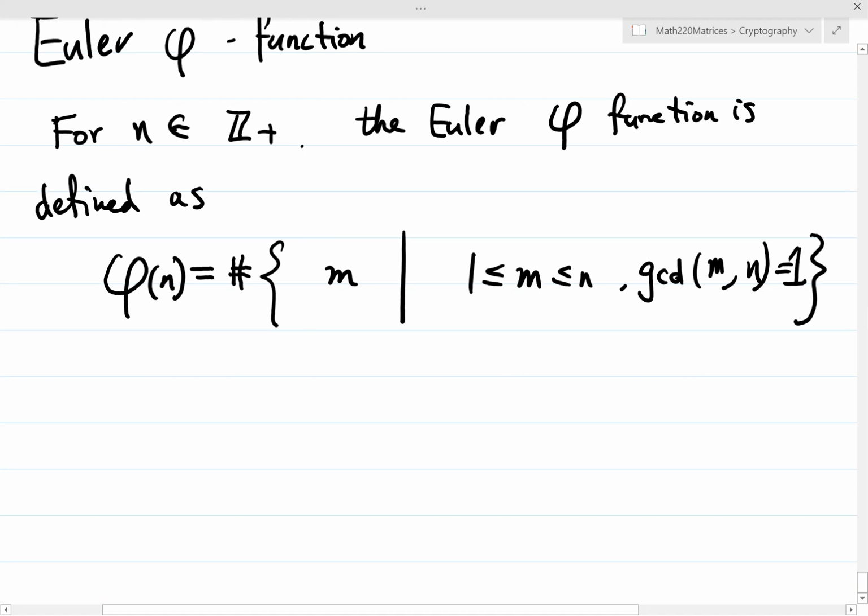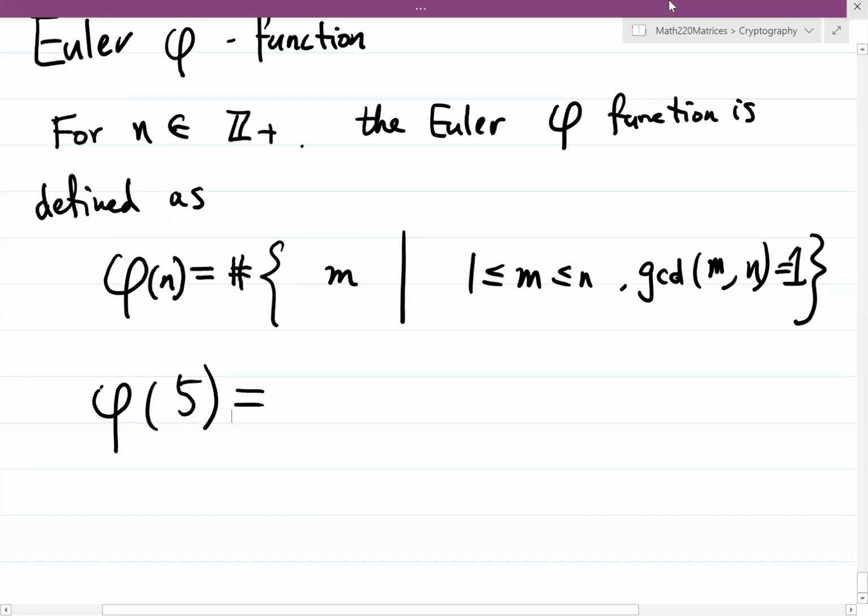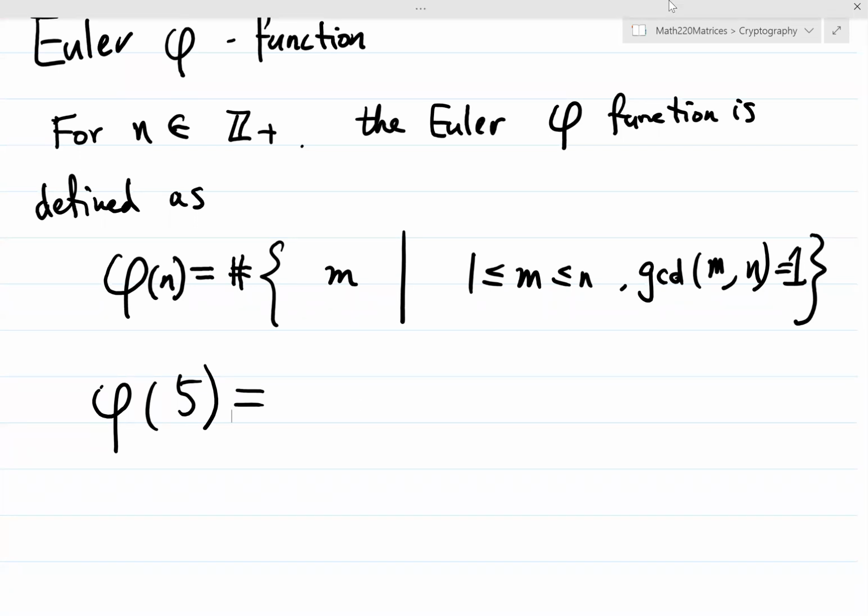For instance, what is phi 5? How many numbers coprime with 5 from 1 to 5? Every number from 1 to 4 is coprime with 5, while 5 is not coprime with 5. So 1, 2, 3, 4, we have 4 numbers.